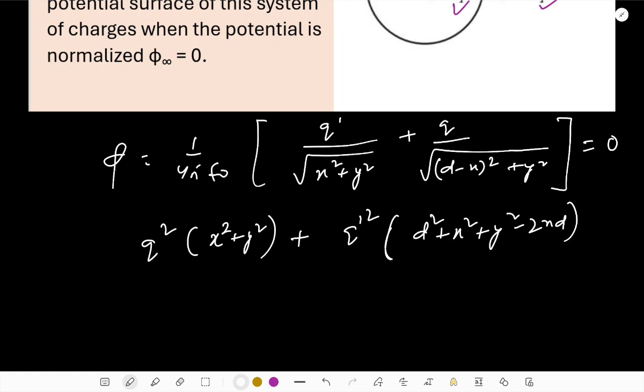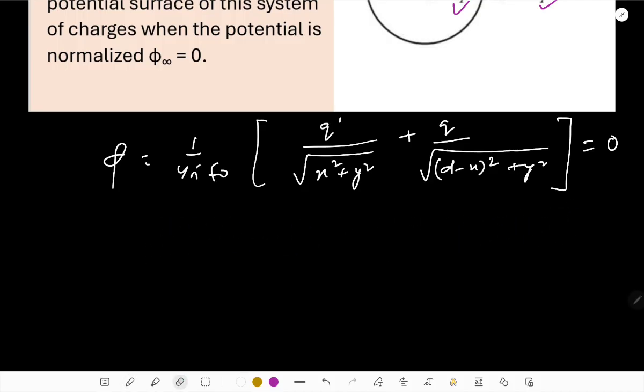Finally you need to solve this equation. I leave this burden to you so that you will be able to solve it in x and y.